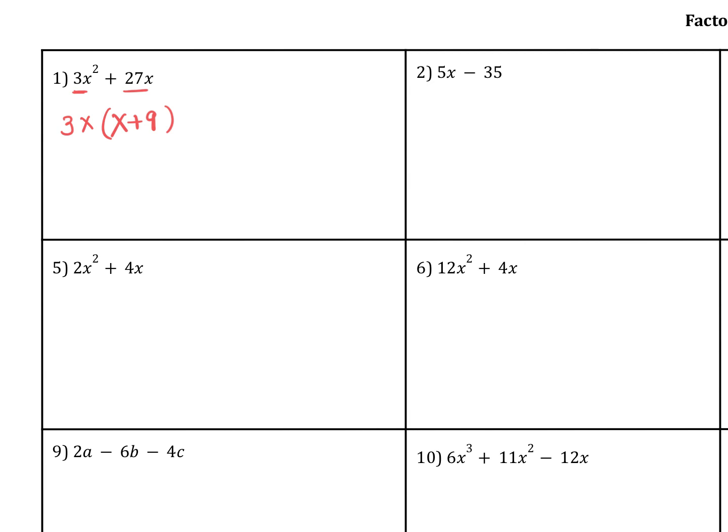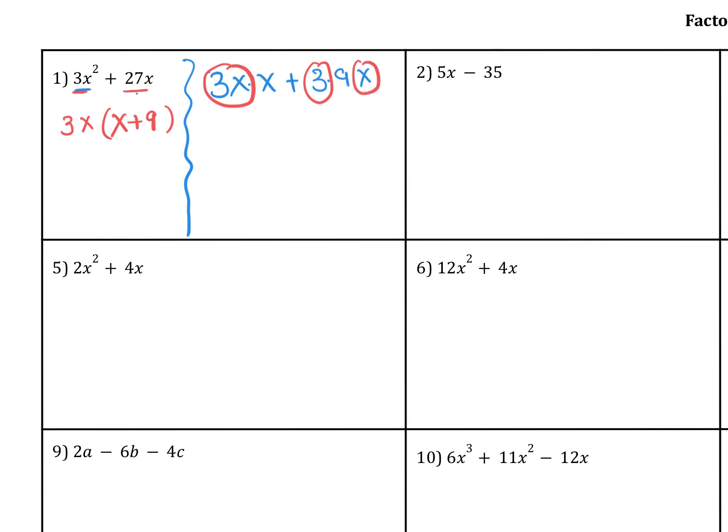If you're doing this question in a different way, you're still going to find the GCF, but you're going to break this 3x as 3 times x, and then break this 27x as 3 times 9 times x. Now circle the one that you see common. So 3x is common in both the terms.